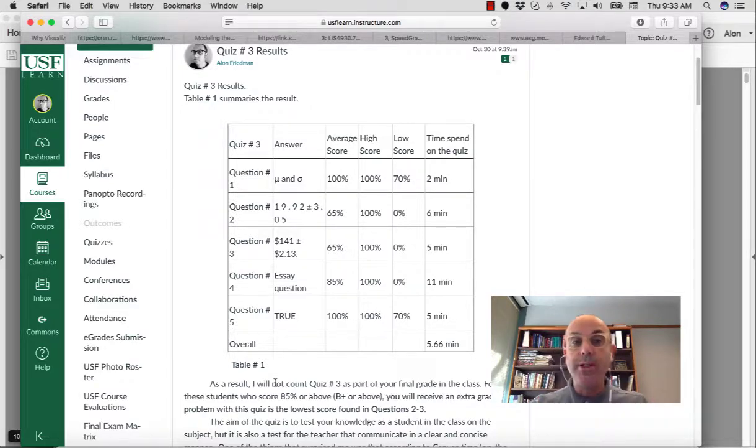For example, in question number 2, they did not calculate the error minus and plus. So as a result, they did not have the right answer. So again, if you want to debate the result of quiz number 3, please do that using open source R as your platform, so you will have a better understanding of what it entails.